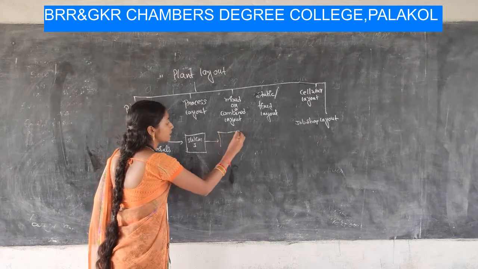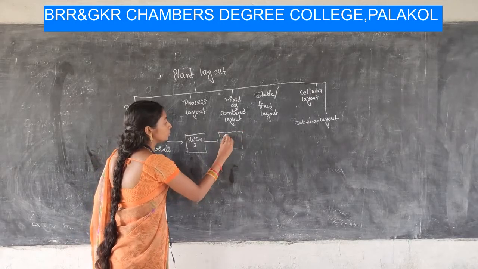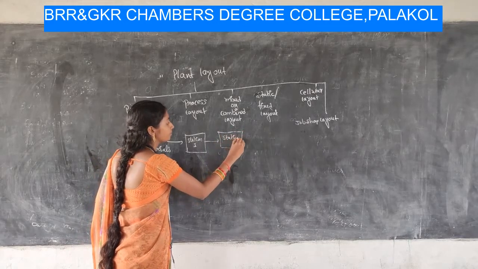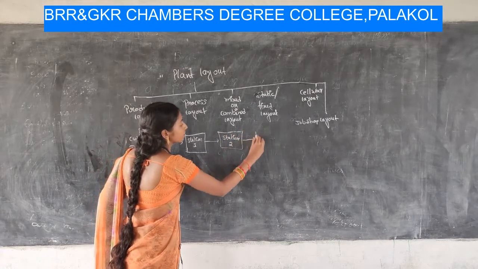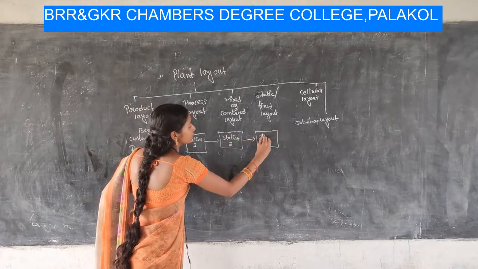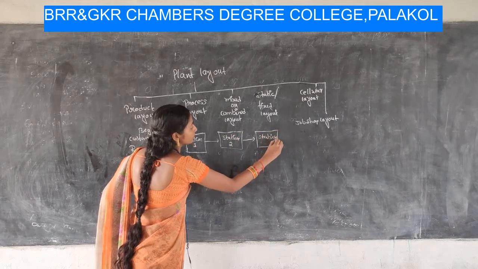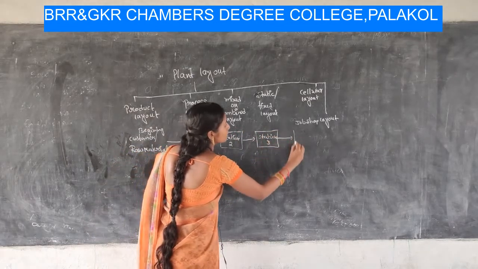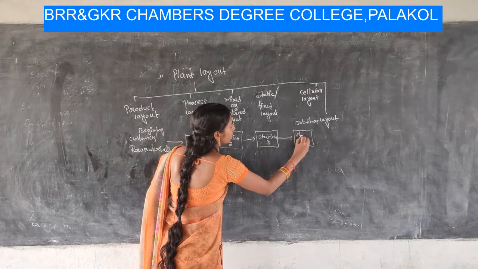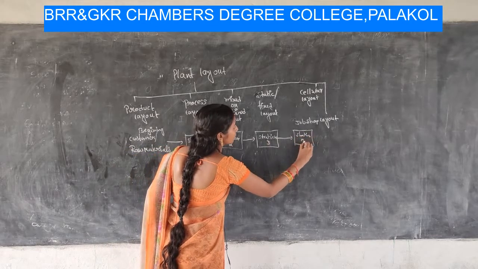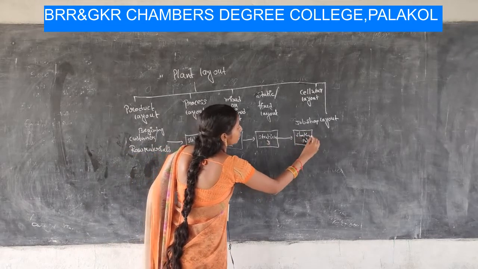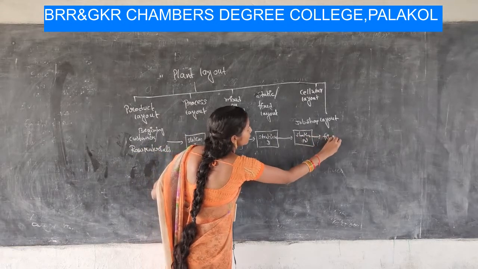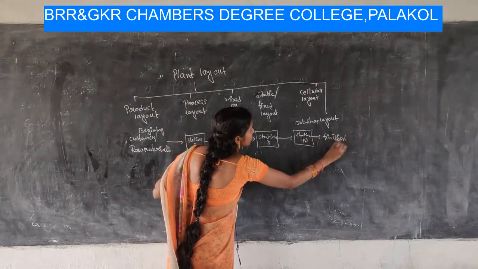Next, station 2. And next, station 3, up to station N, which gives the finished products.